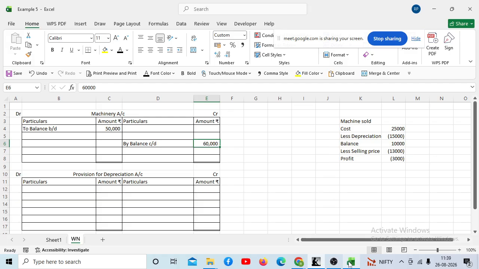On the credit side. So write it on the credit side, by balance brought down, 25,000. Opening balance is on the credit side.